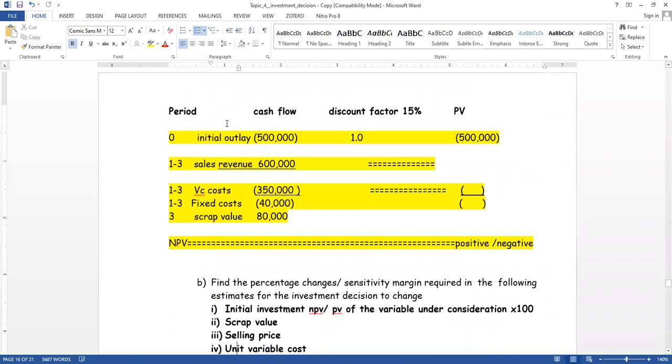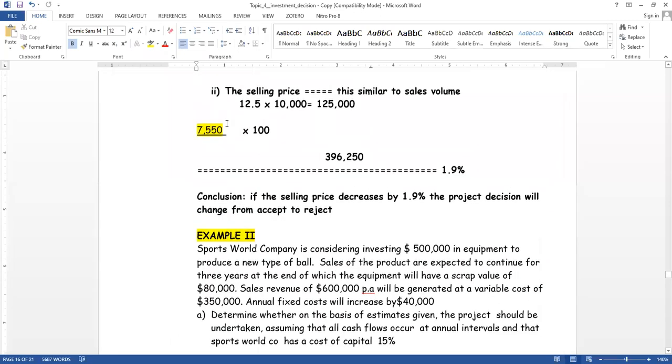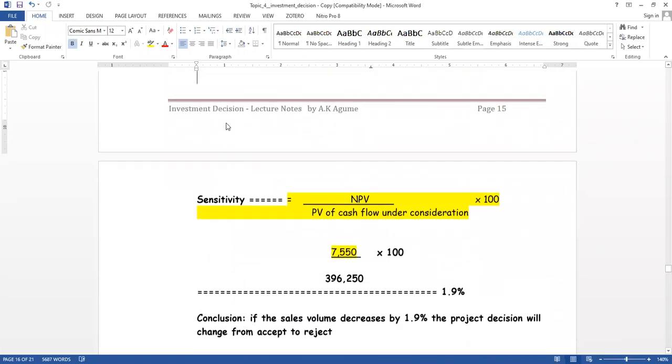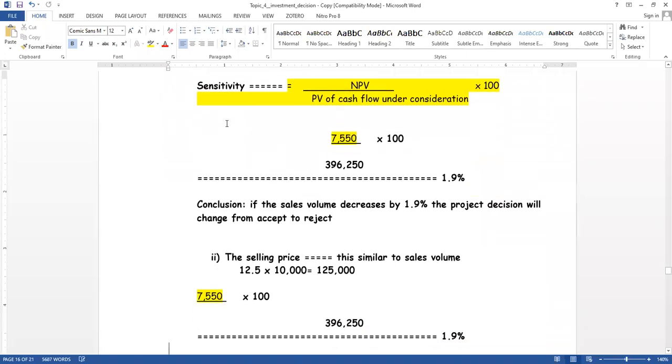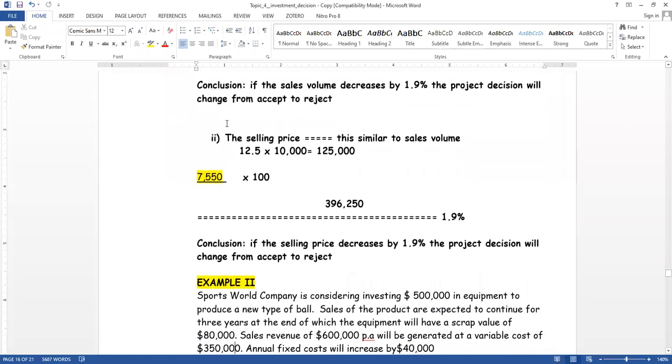So when you look at this, you realize that the sales volume is more sensitive. Should it decrease, then it will have an effect on our decision.